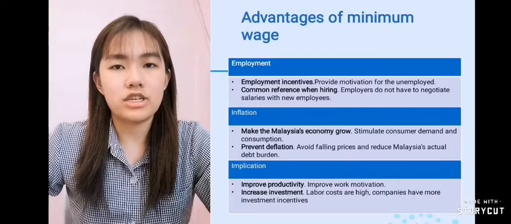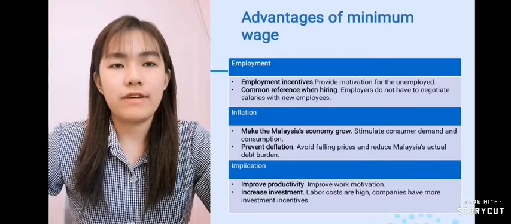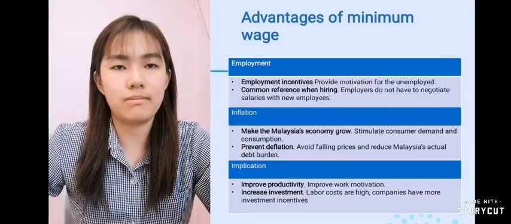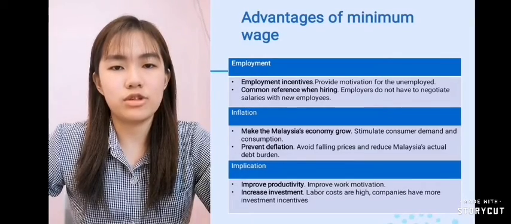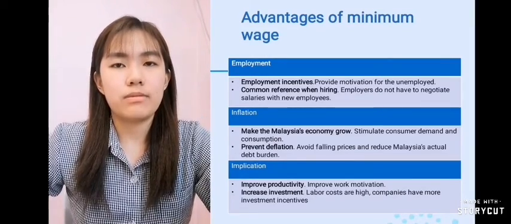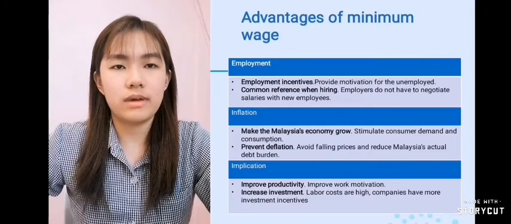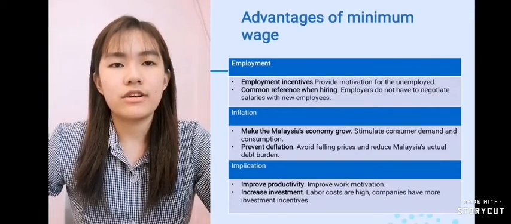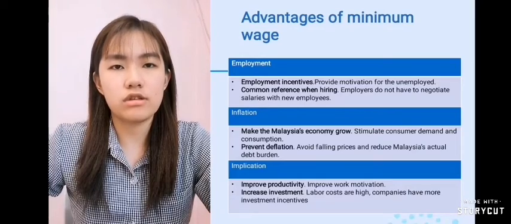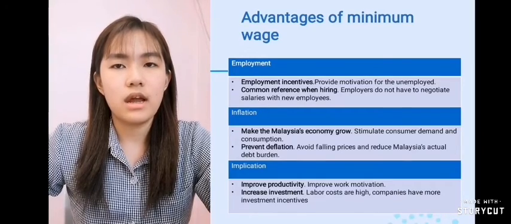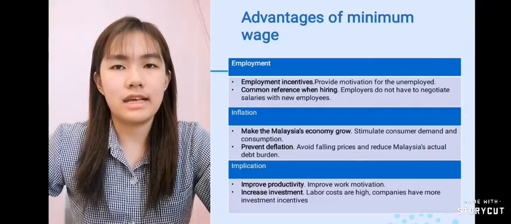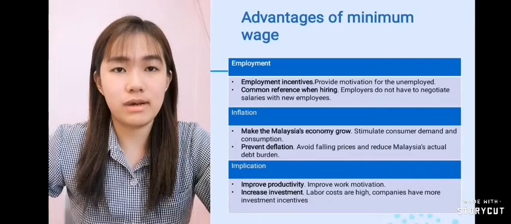Inflation can make Malaysia's economy grow. Inflation caused by the minimum wage helps stimulate consumer demand and consumption, thereby promoting the country's economic growth. The second is preventing deflation. Increasing the minimum wage can also avoid price drops, reduce the country's actual debt burden, and stabilize expenditure and investment.